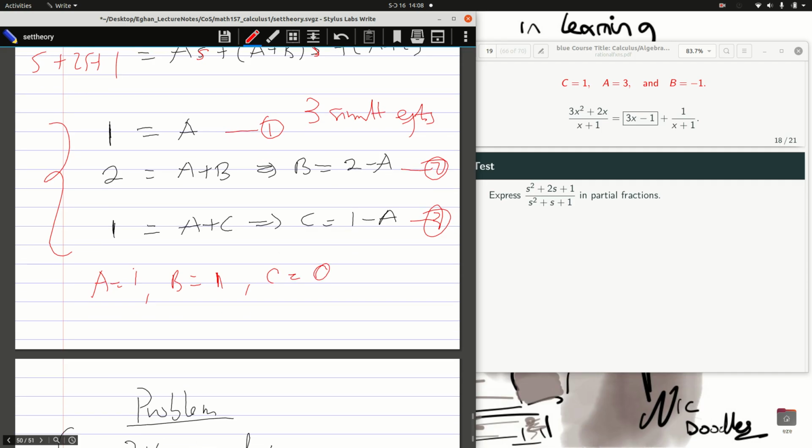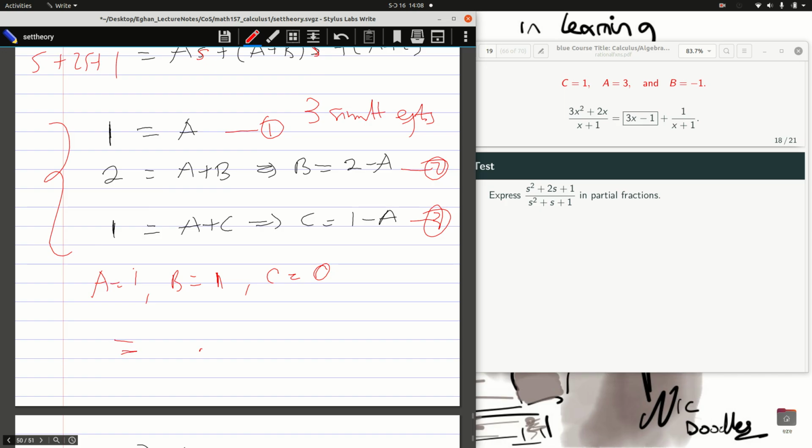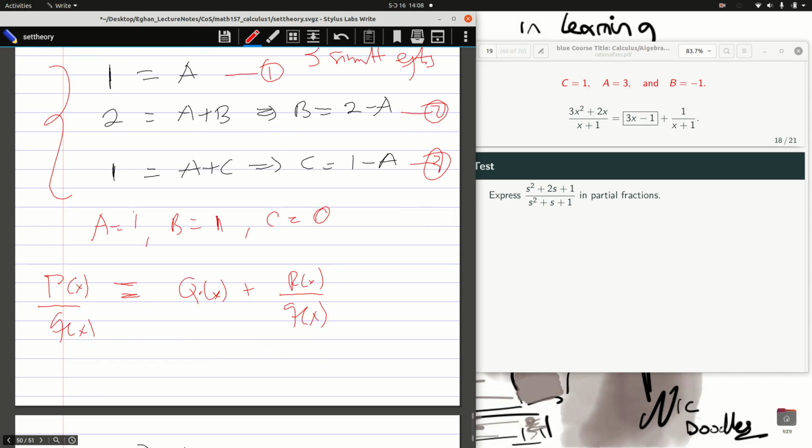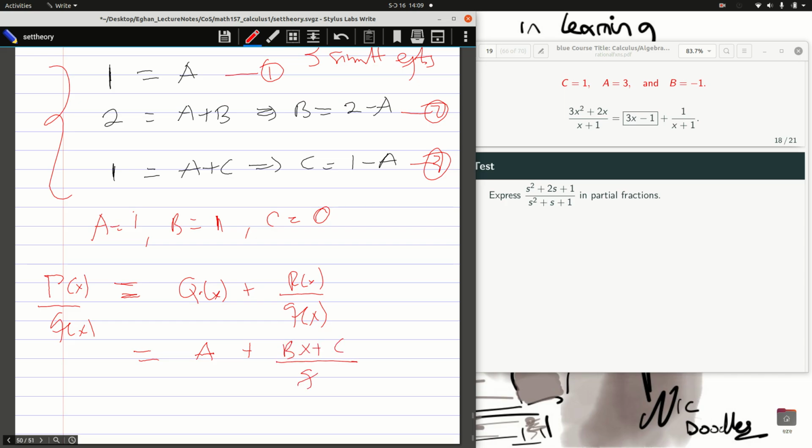So my rational function, which was Q of x plus R of x over the divisor, I had to be a constant polynomial plus the partial fraction, bx plus c all over the divisor.